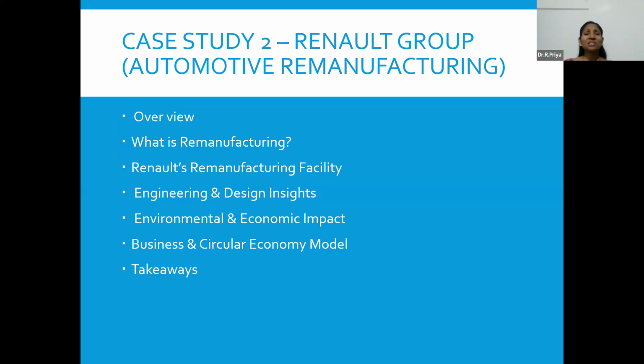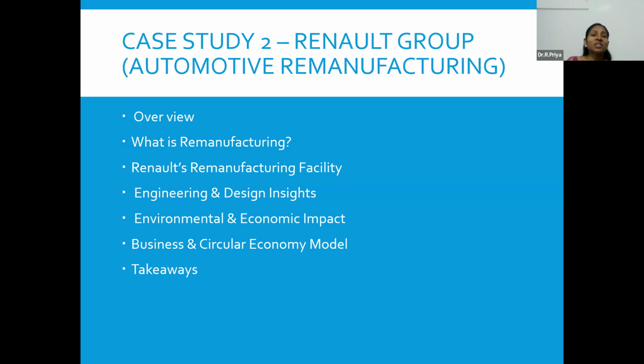First, let's see what remanufacturing is. Remanufacturing is the process of disassembling, cleaning, repairing, replacing, and reassembling used products to restore them to like-new condition with equivalent performance and warranty.